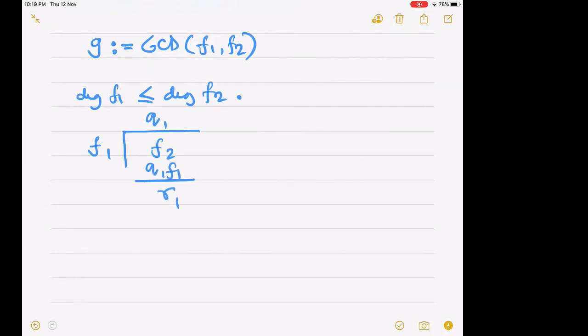Of course, the remainder has the property that the degree of remainder r1 is strictly less than the degree of f1. Now notice that if r1 is 0, that means f1 is a factor of f2. Then of course the monic version of f1 would be the GCD of f1 and f2, because it would satisfy those two properties. Just think about it.